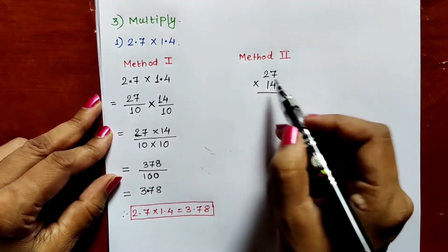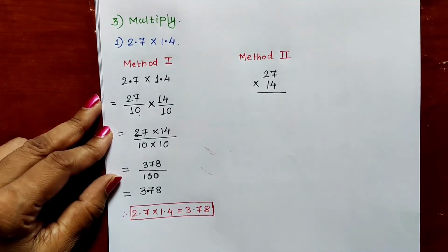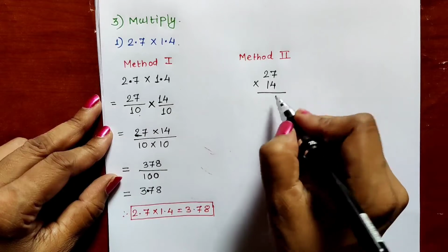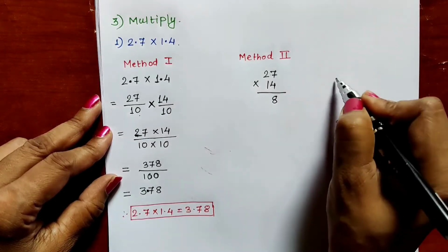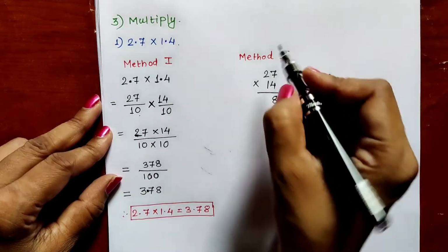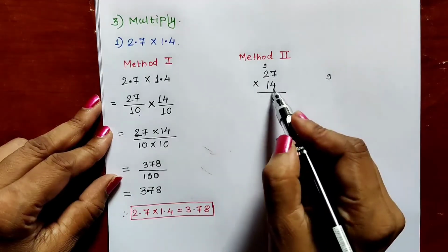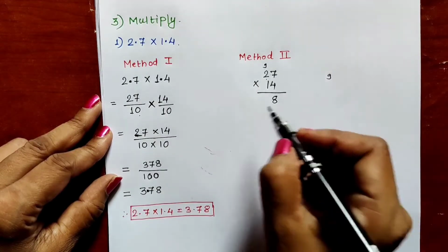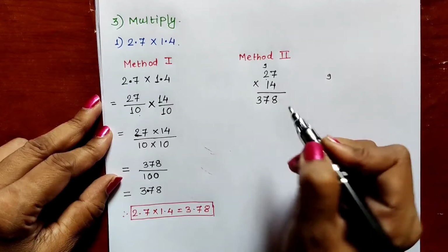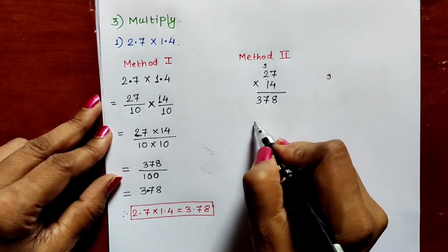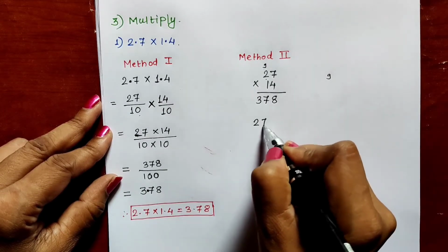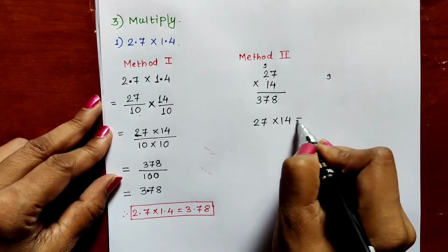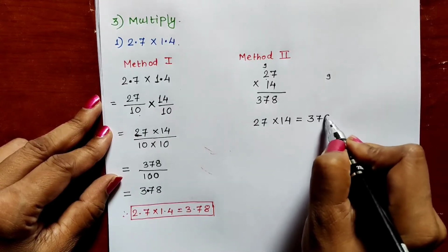Multiply only 27 into 14. So 14 sevens are 98, 8 written, 9 carrying. 9 carrying I write here. 14 twos are 28, 28 plus 9 is 37, 378. So we have got 27 into 14 is equal to 378, correct?